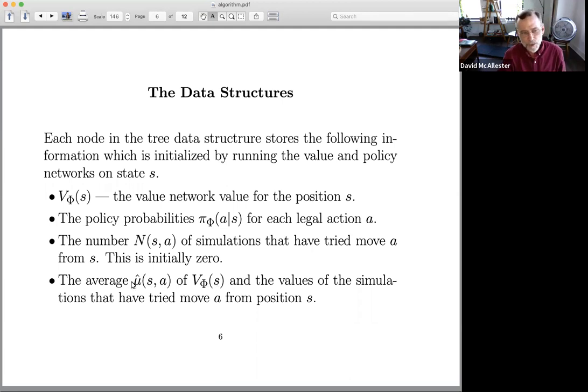Simulations will reach this state and take this action. The first simulation to reach this state, we just take the value to be in this average. And then for each simulation that passes through that state, the value of that simulation is the value network value for the new node that was added. That new node that's added gets passed back up and averaged into this value at each state on the path down to that node.